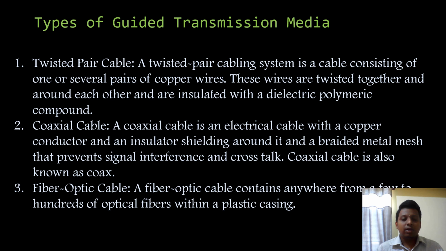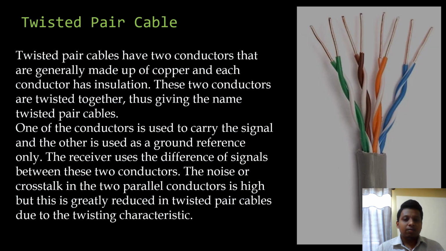Now let us look into each of the guided transmission media deeply. First, we'll start with twisted pair cables. As you can see in the image, the twisted pair cable has two conductors made up of copper, and each conductor is insulated. These conductors are twisted together, thus giving the name twisted pair cables.